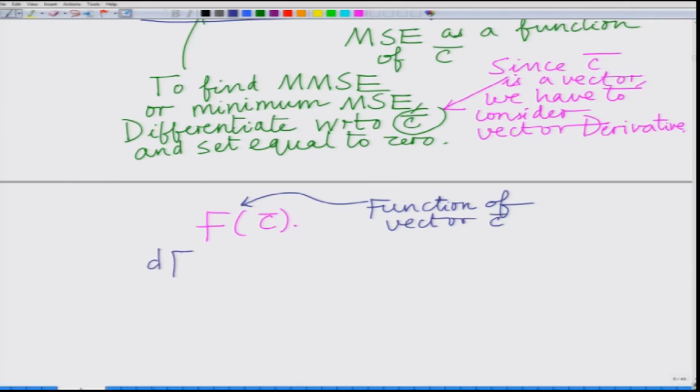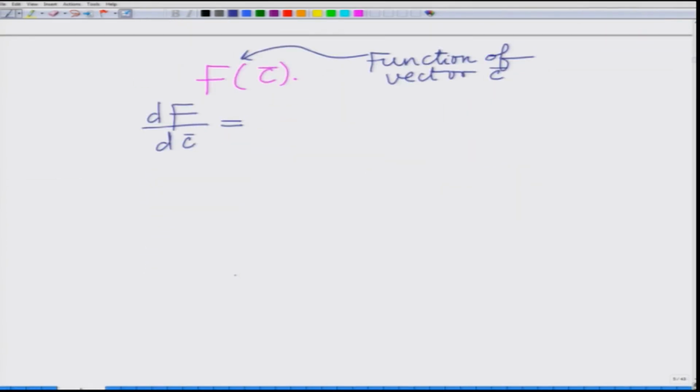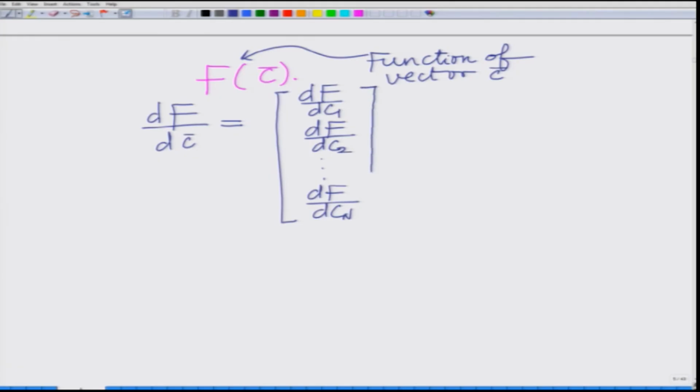Then the derivative of f with respect to C bar equals df by dc1, df by dc2, and so on up to df by dcn.